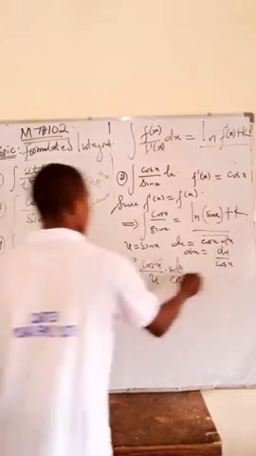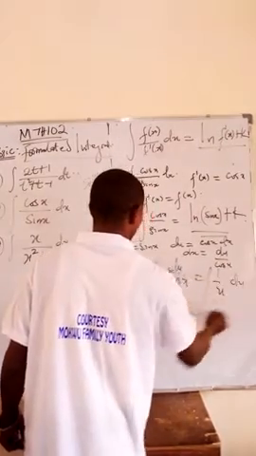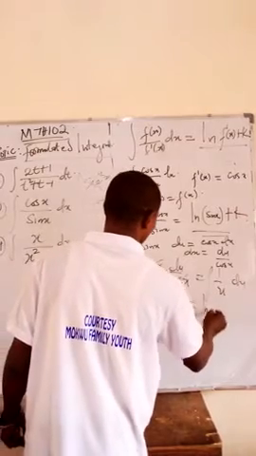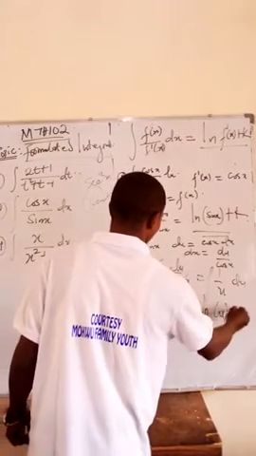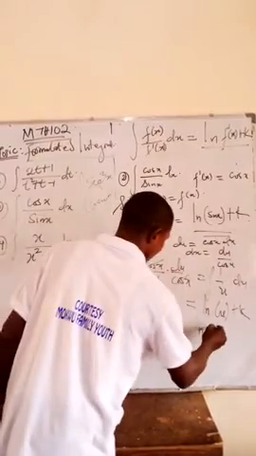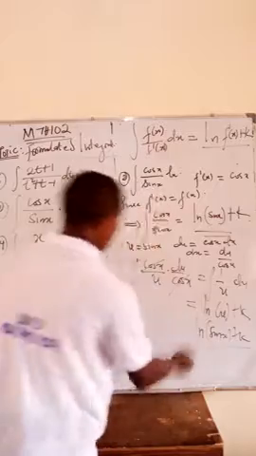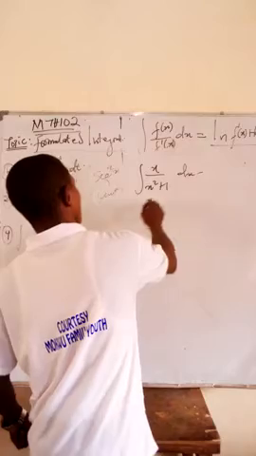This cancels off. We have the integral of 1 over u du, and this gives me ln u plus k. What is my u? My u is sine x. So I have ln of sine x plus k, and so on and so forth.